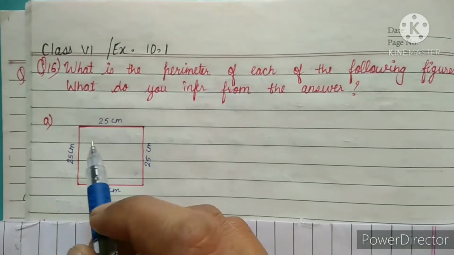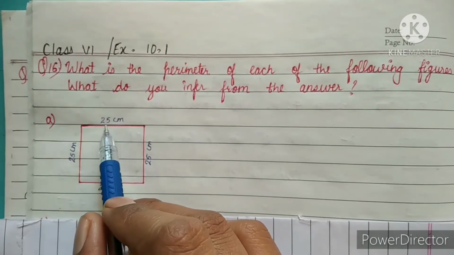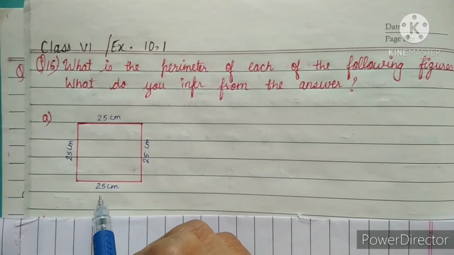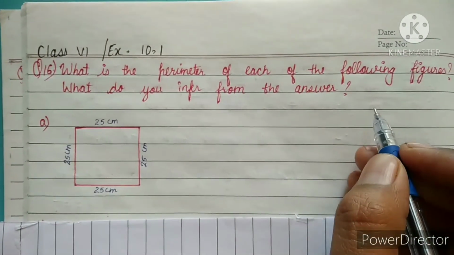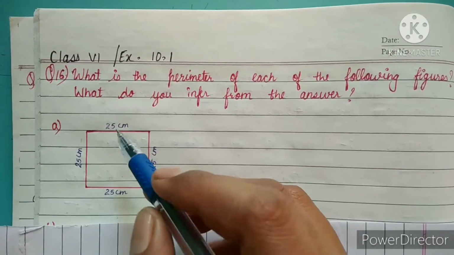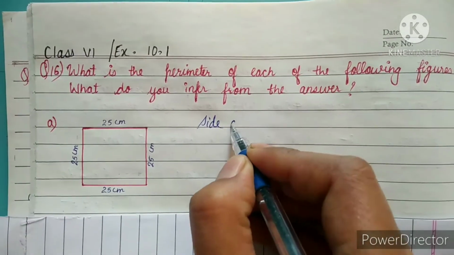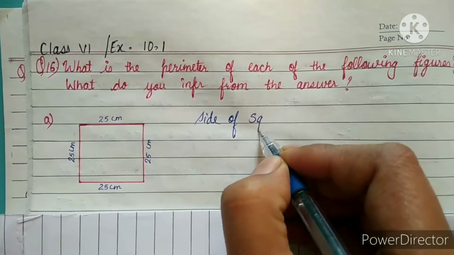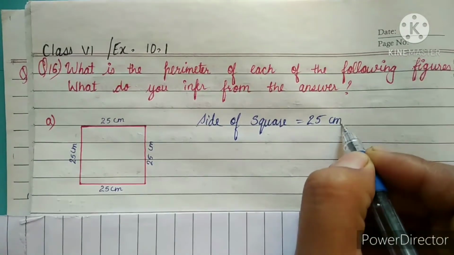So A is the shape of a square. Each side is 25 centimeter. What we have to find out is the perimeter of the figure. Here the figure is a square, so the side of the square is 25 centimeter.